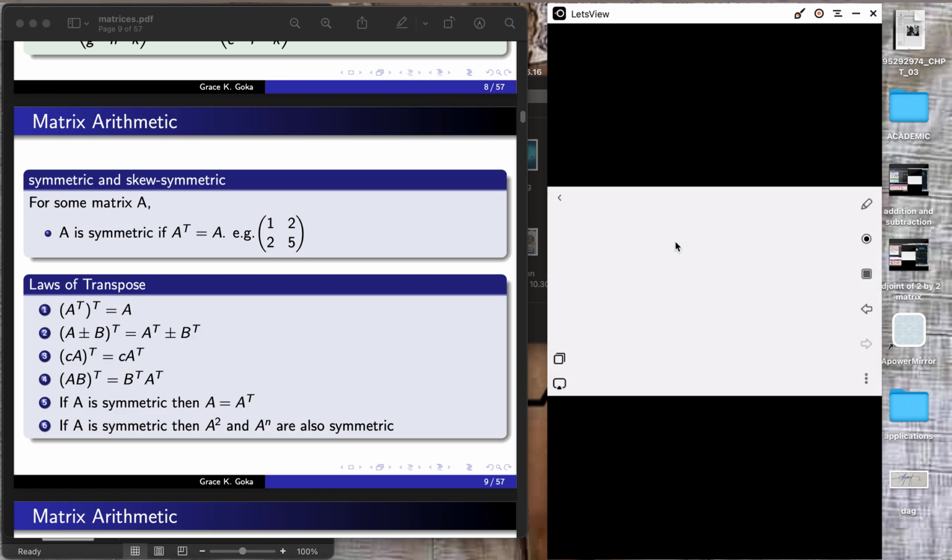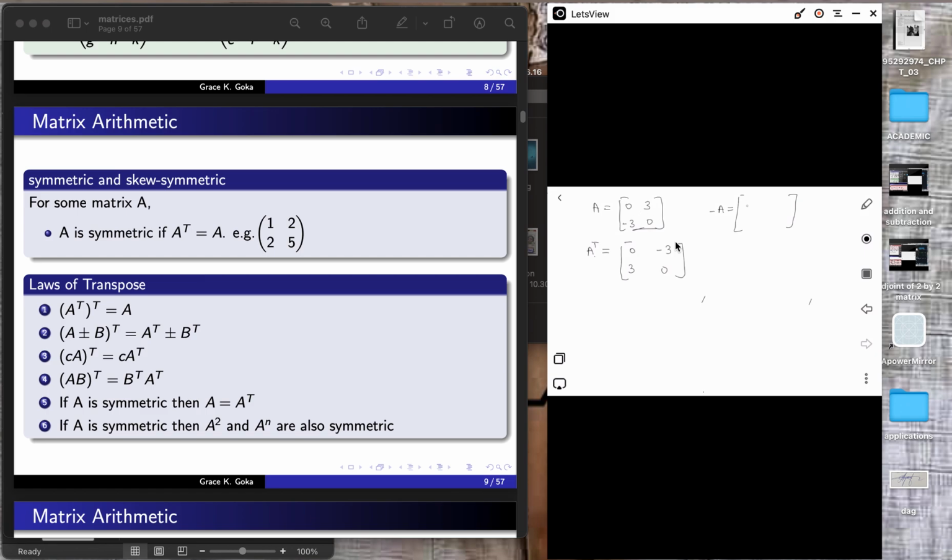Now let's look at when we have a situation like A is equal to 0, 3, minus 3, 0. Okay, if I transpose A, this is going to give me 0, 3, pick this row, becomes a column, minus 3 and 0, right? Although A and A transpose are not the same, but if I find negative of A, okay, negative of A simply means multiply through A by negative 1.